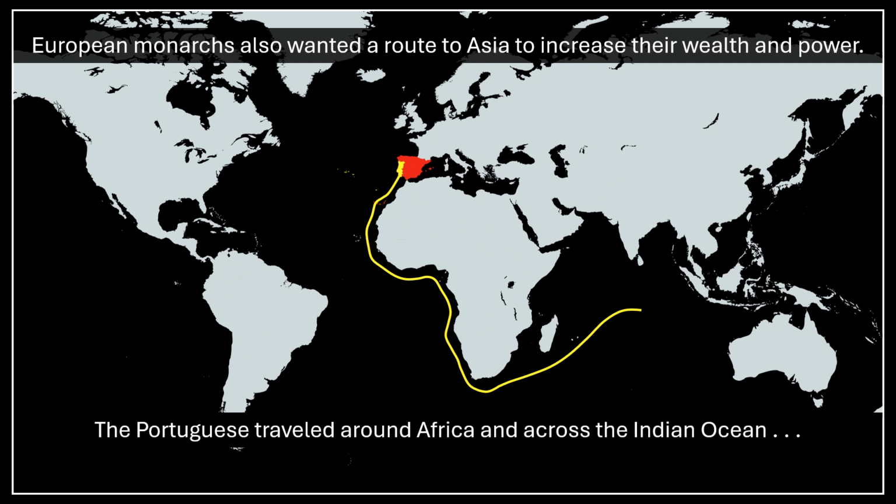One of those guys was a guy named Vasco da Gama. And Vasco da Gama ends up being the first actual maritime explorer to get somewhere. He left Portugal and he sailed down around the bottom of Africa, which is now known as the Cape of Good Hope, and he made it all the way to India.